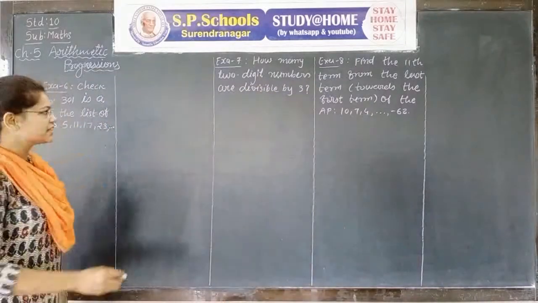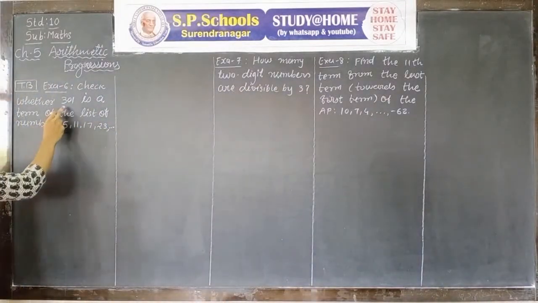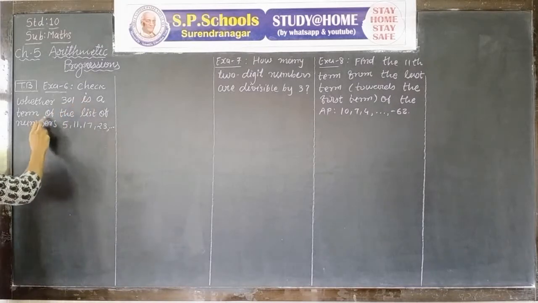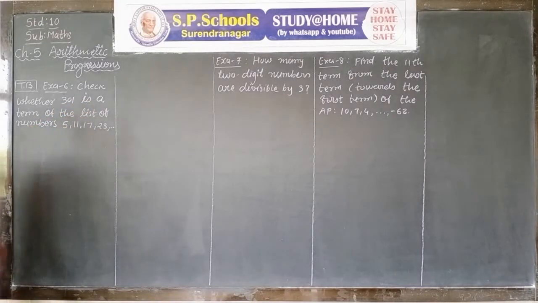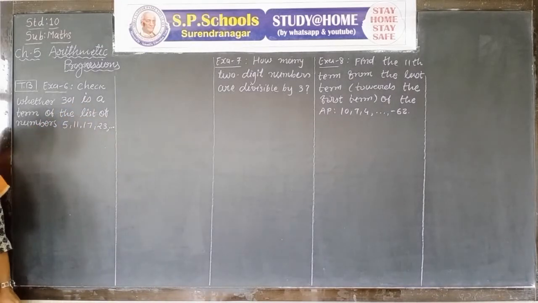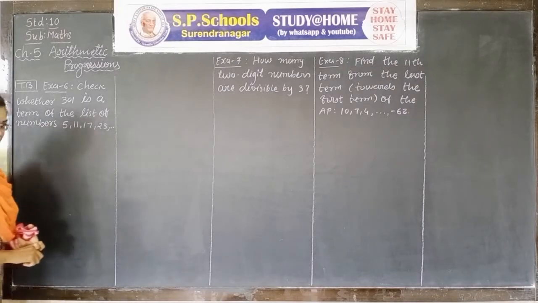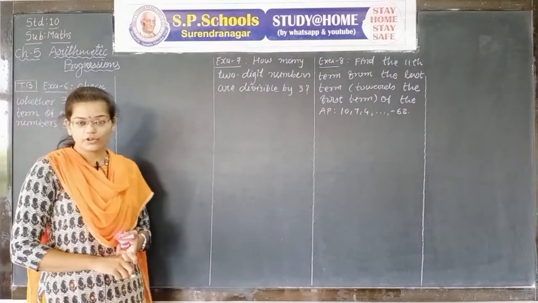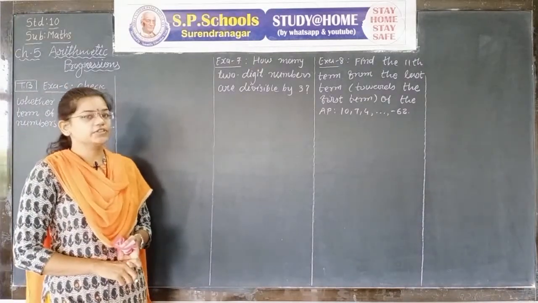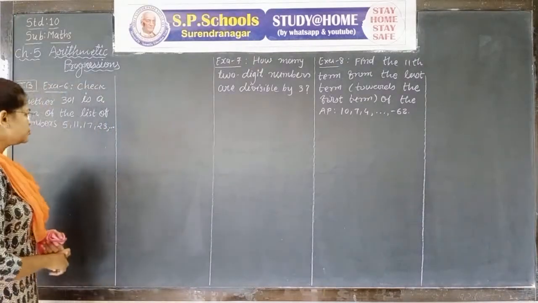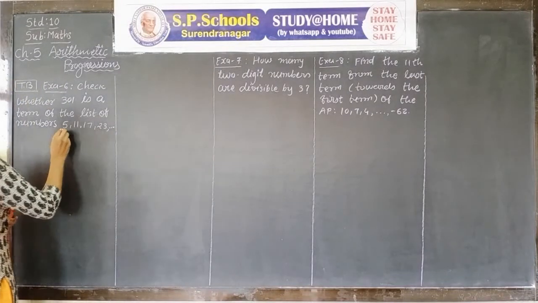Example number 6. Check whether 301 is a term of the list of numbers 5, 11, 17, 23 up to infinity. We know how to check whether it is any term of an AP or not. In the previous example we learned about it, but here it is not an AP that is given, it is a list of numbers.